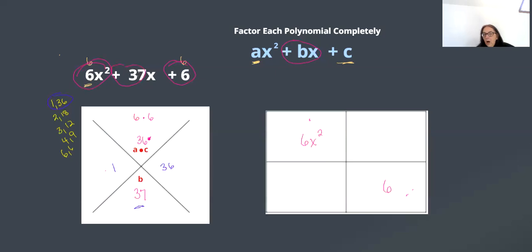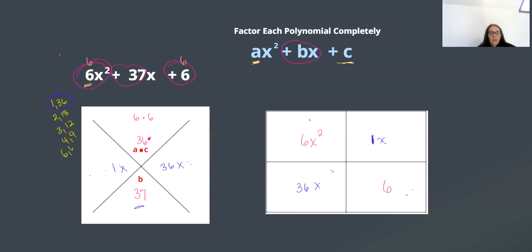And what do we always put with these two numbers? The variable x. X is our variable in this problem, so we put an x with it. Now, it doesn't matter which you put in which spot. I'll put the 1x here. You don't have to put the 1. I'm just showing it to you. Since I put the 1x here, the 36x goes here.